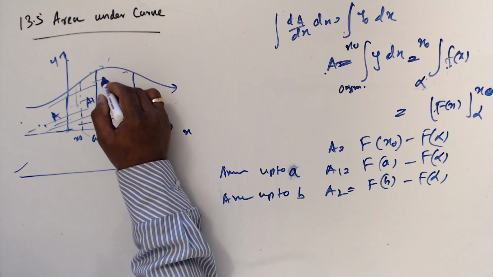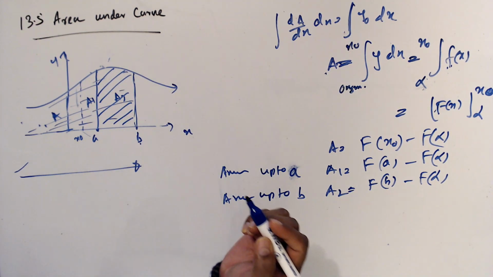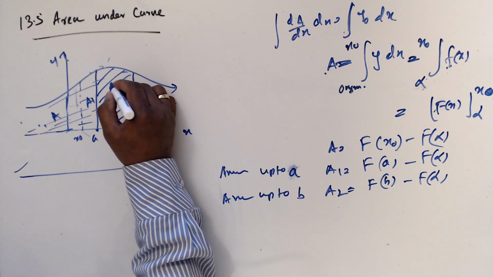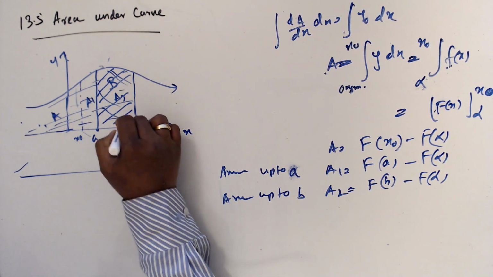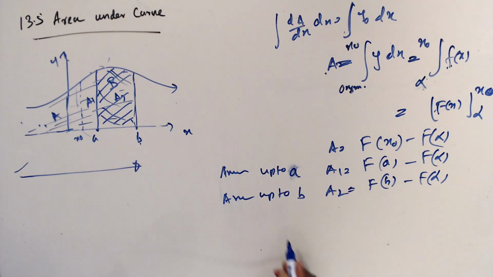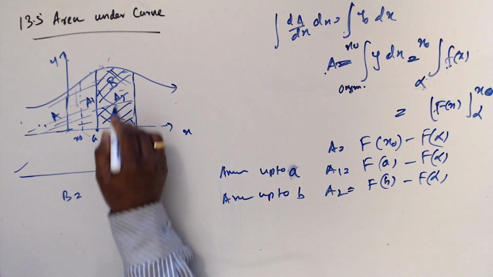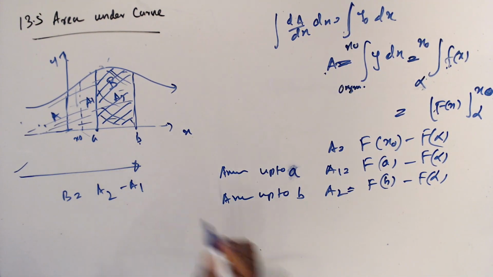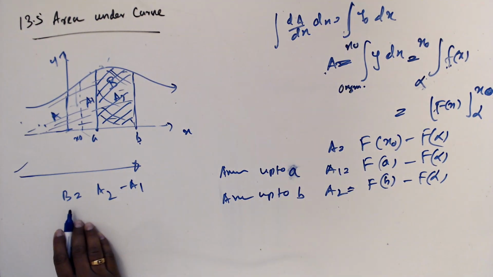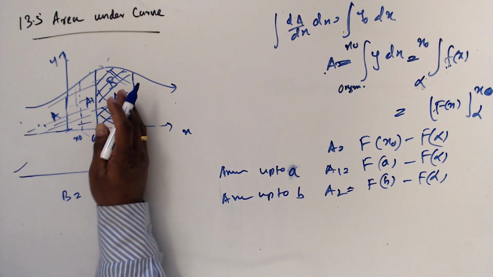Assume now I want to find this area in between, let's say B. This area I want to find, the area from A to B. That area I will call B. So B you can find as the whole area A2 minus A1.